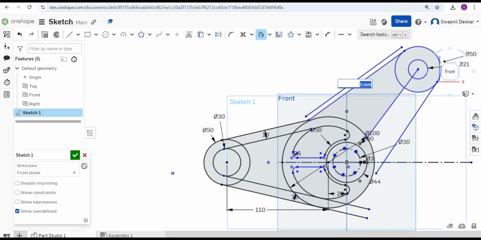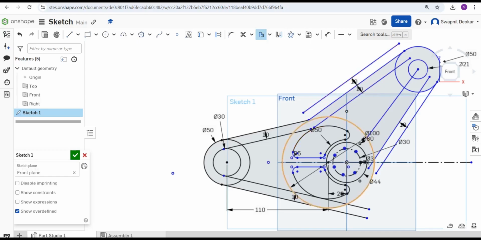Offset from this to this side, offset from this to this side, offset, okay, and distance is 10. Offset, okay, and distance is 10. So trim the unwanted edges.